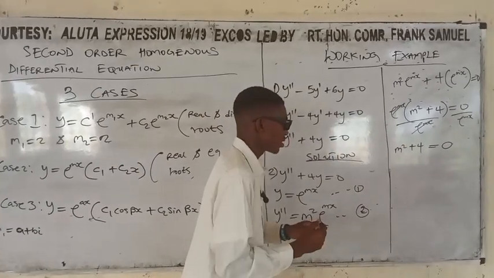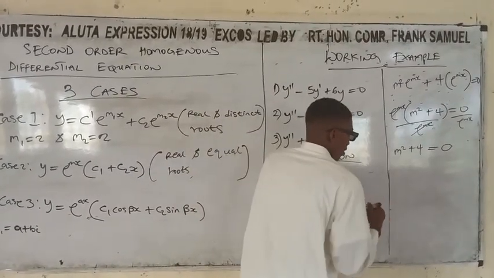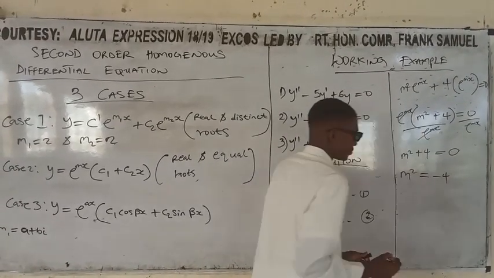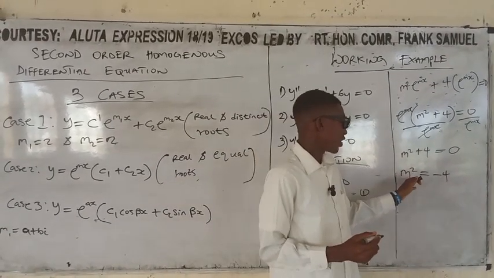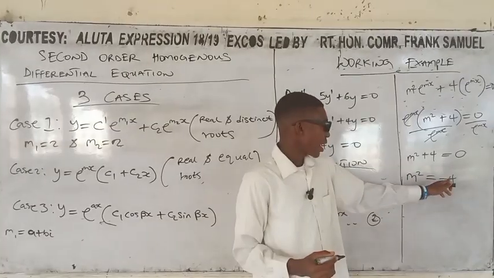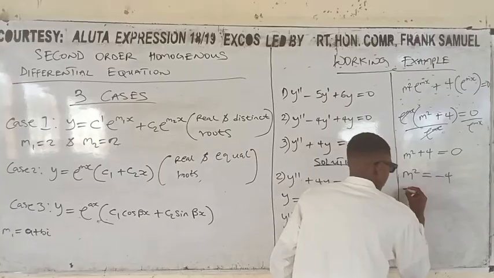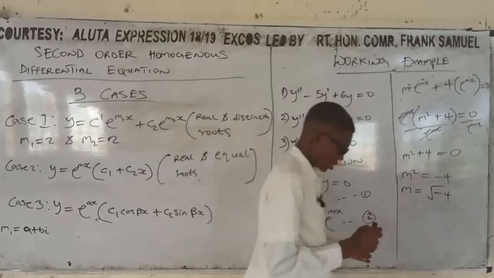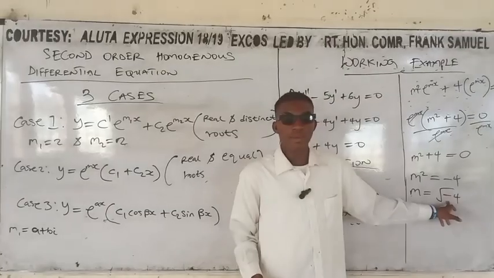So now solving this, if you take 4 to this side, we have m square equals to minus 4, right? And if you square root both sides, you have square root of minus 4. So m equals to square root of minus 4. You know you can't find the square root of a negative number, right?